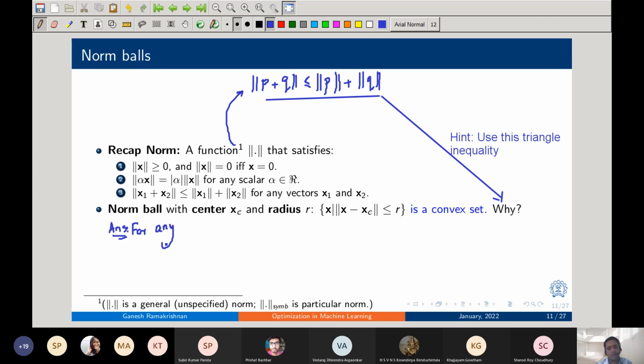Let's say for any x1, x2 in the norm ball, let's just call this B. You look at this distance, the distance x minus xc. Now you'll have to do that for the convex combination. So for these two points, you consider lambda x1 plus 1 minus lambda x2.